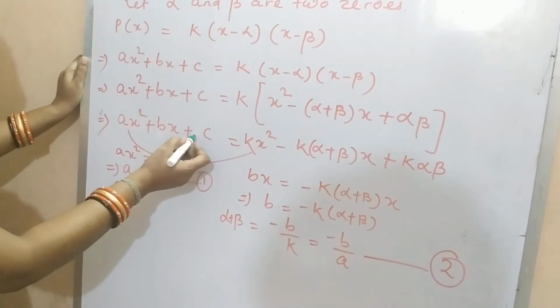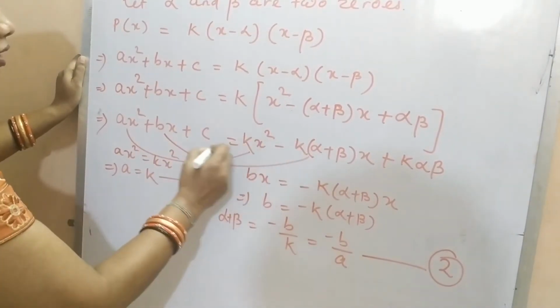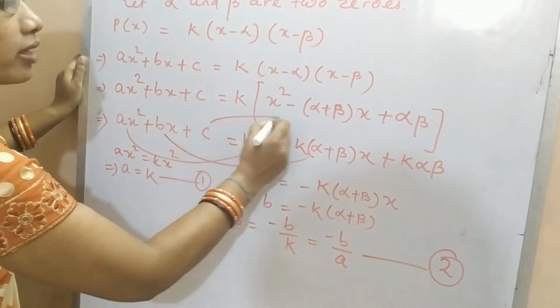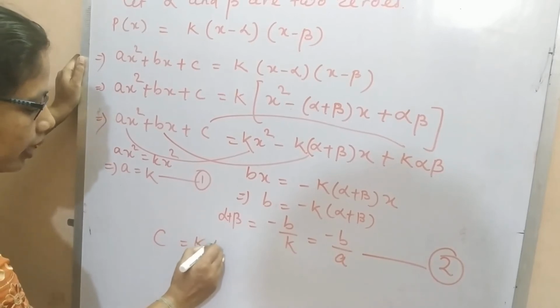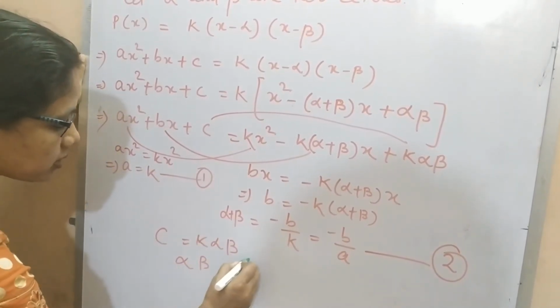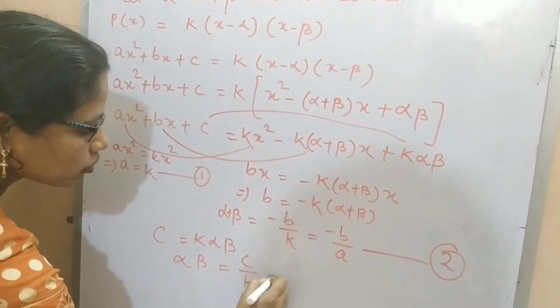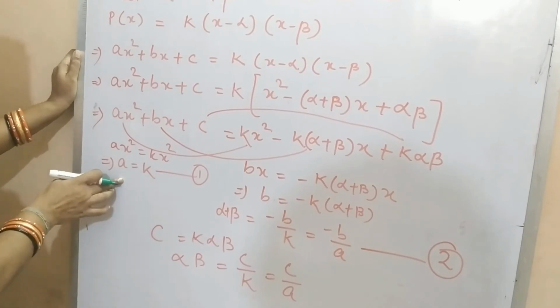Then by comparing the constant term, c, the constant term will be equal to this. So c is equal to k alpha beta. So from here we get alpha beta is equal to c by k. So this is equal to c by a, where k is equal to a.